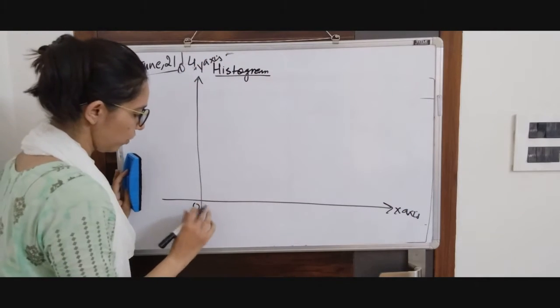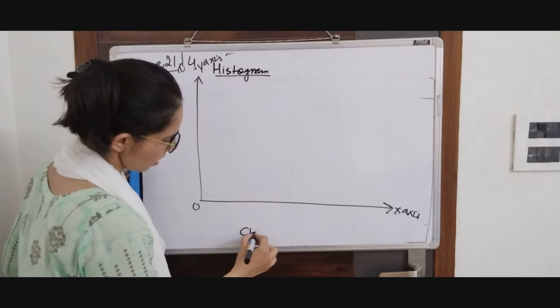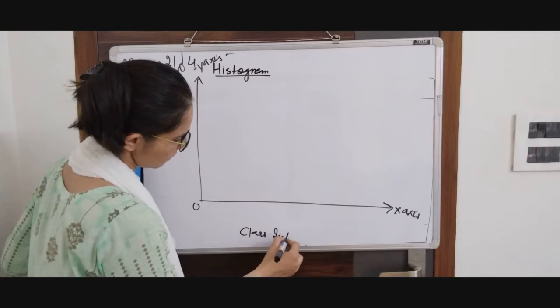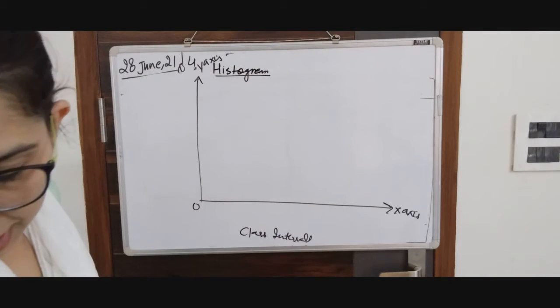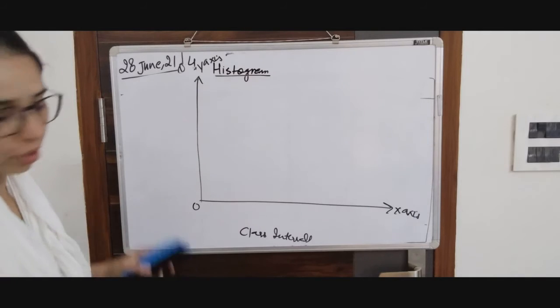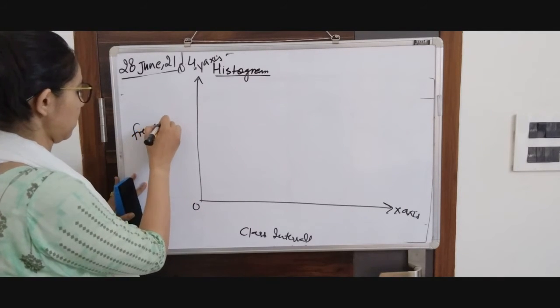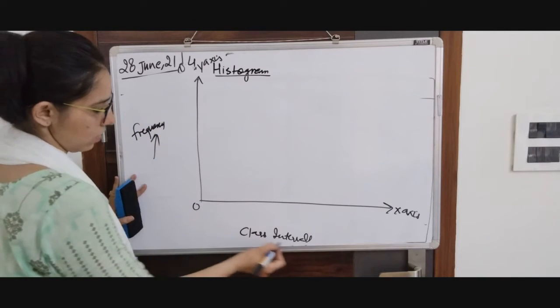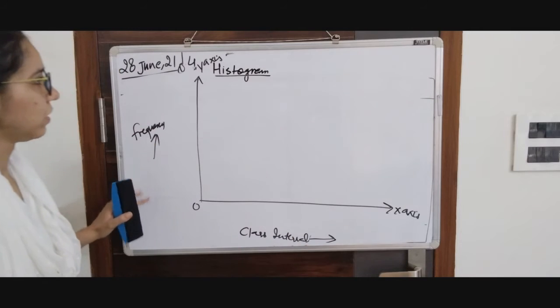On the x-axis we are going to show our class intervals, and on the y-axis we are going to show our frequency. Okay, done.